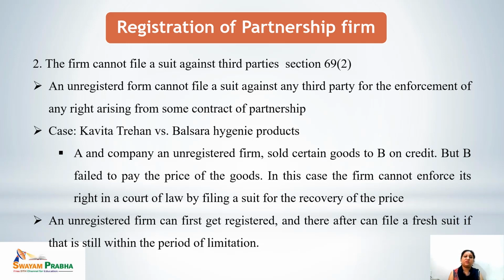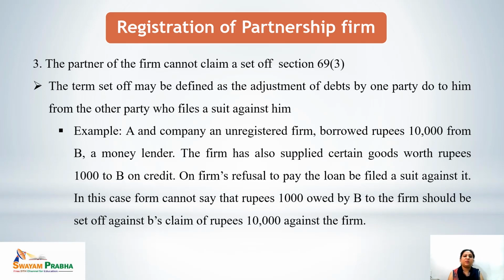If any unregistered firm wants to file a suit, there is a process. They can first get registered, then they can file a fresh suit if they are still within the period of limitation, meaning there is still a period left to file a suit. Next, the partner of the firm cannot claim a set off.